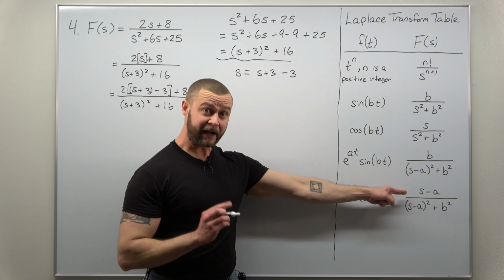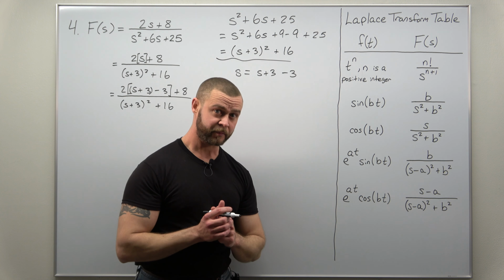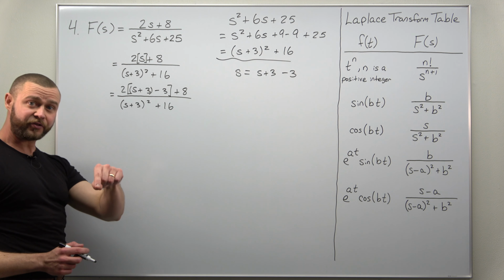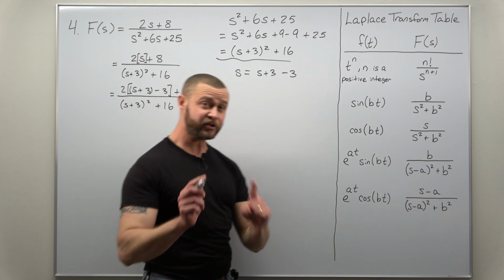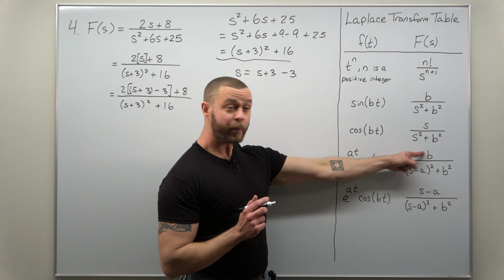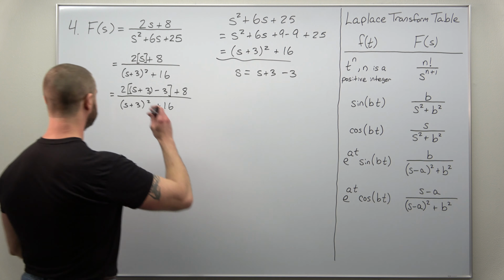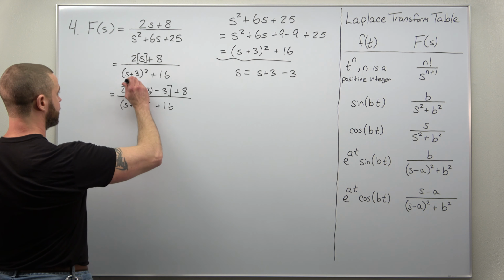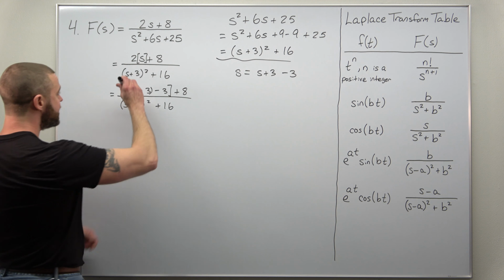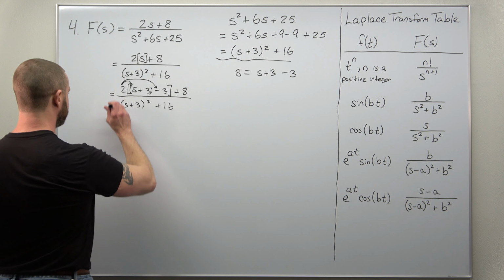That's going to allow us to match part of that to this last Laplace transform pair. We can take that factor of 2 and also distribute it to the negative 3, and that's going to allow us to match the other related Laplace transform pair where we have just constants in the numerator. So let me go ahead and distribute the 2 to the part in parentheses here, and I'm going to distribute the 2 to the negative 3.